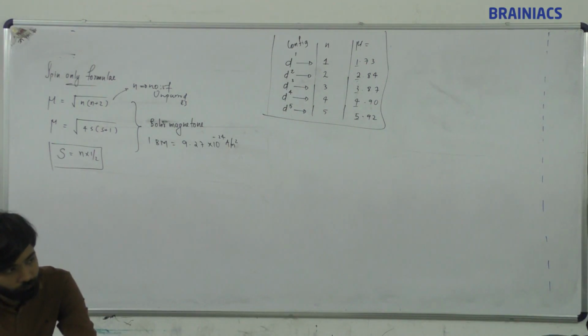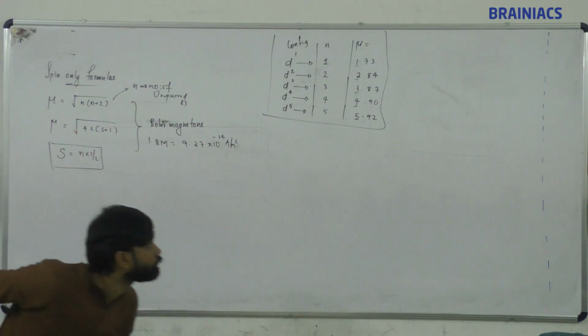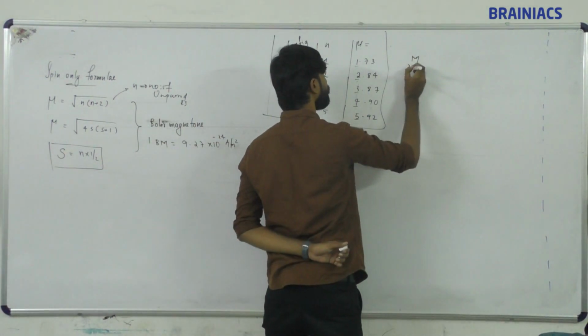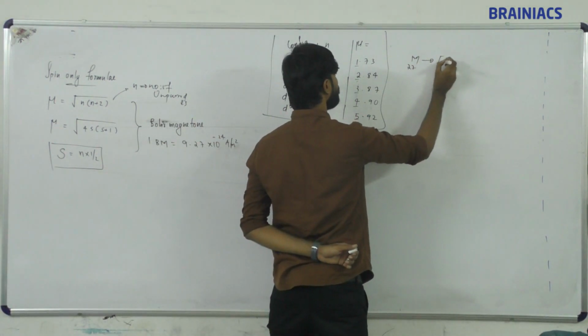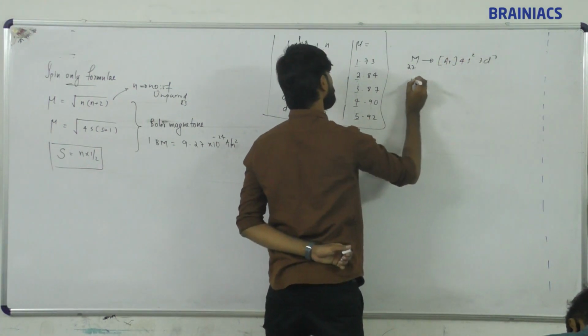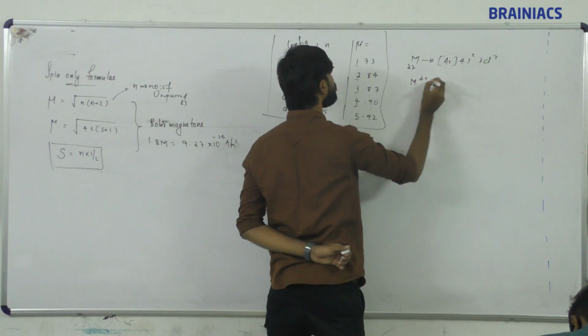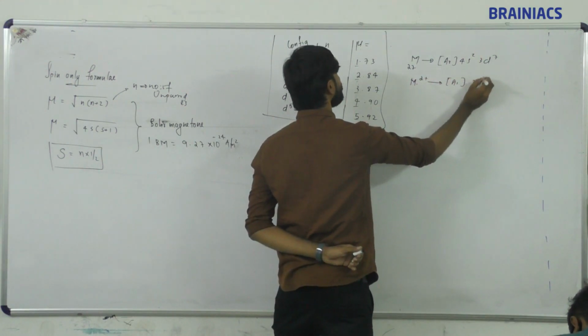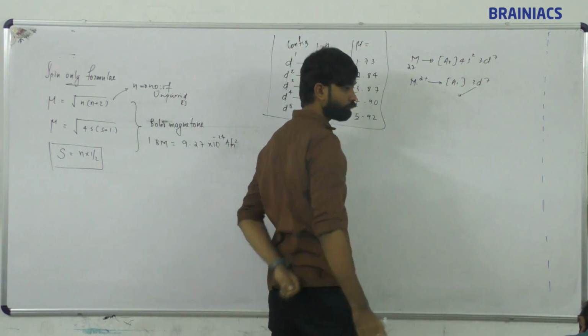Unpaired electrons. For M, the atomic number is 27, so argon 4s2 3d7. If it is M2 plus, the configuration will be argon 3d7.